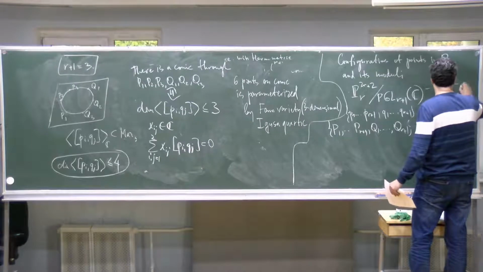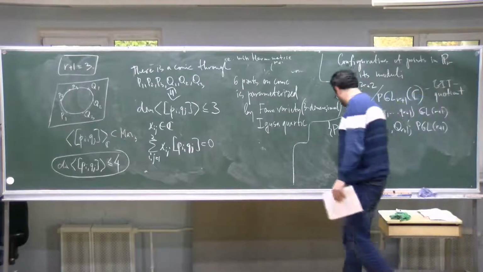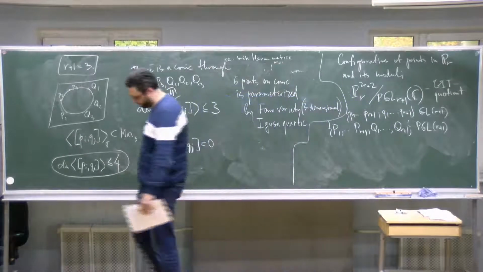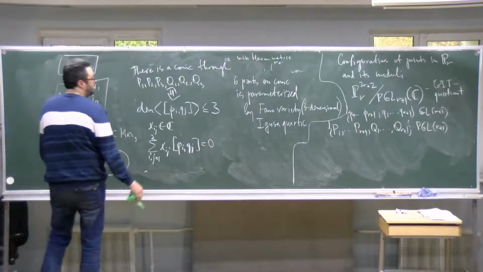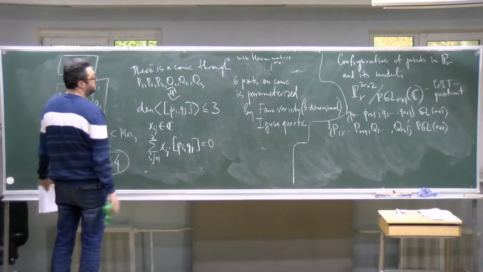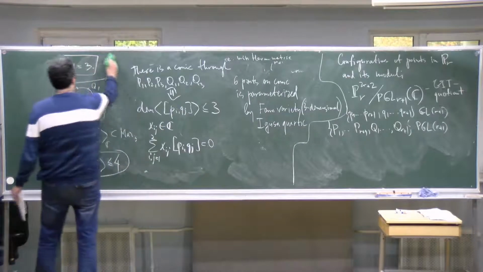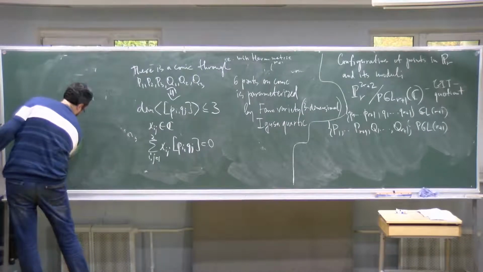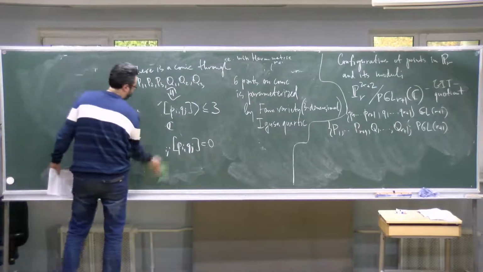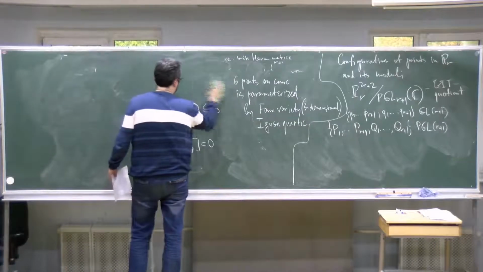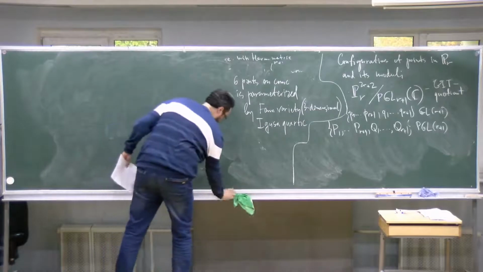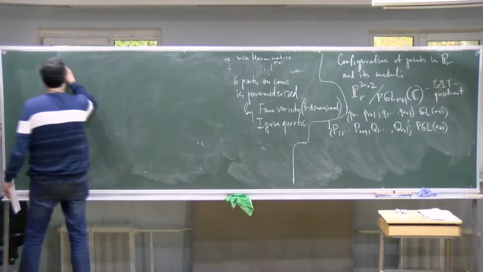This quotient was studied by Dolgachev and Ortland, and they found a description of this moduli space. I would like to recall the construction. It's a famous work of Dolgachev and Ortland.